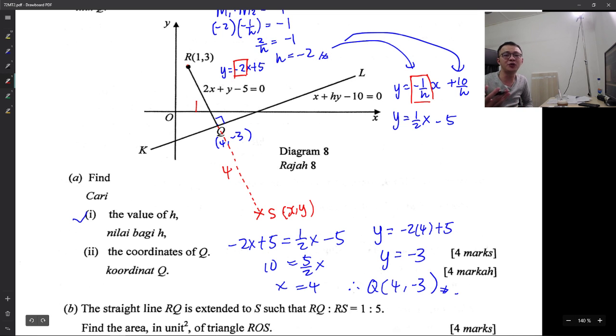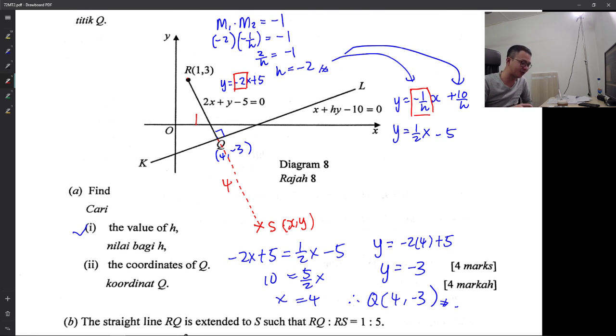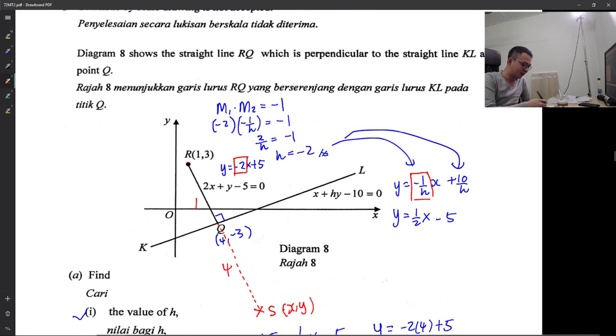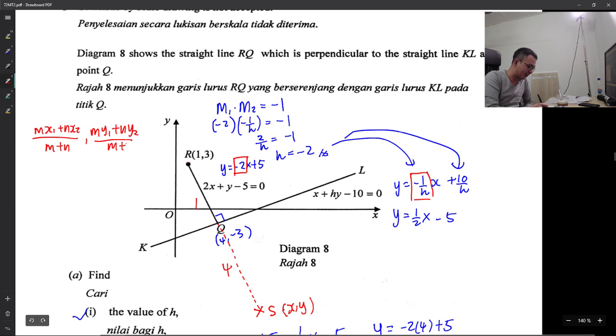You have to use the ratio formula, just in case some students do not know what the ratio formula is. The ratio formula is basically (mx1 plus nx2) over (m plus n), and then do the same thing for y, (my1 plus ny2) over (m plus n), equals the point (x, y). This point is on the middle, not exactly like a midpoint. In this case, (x, y) will be the point Q, because Q is in the middle of RS.